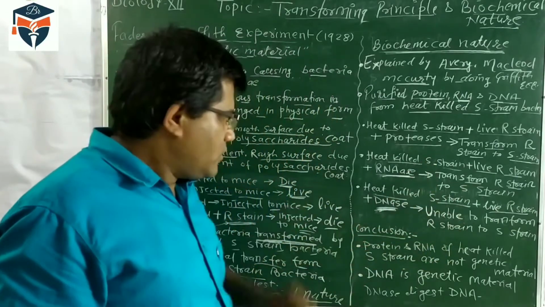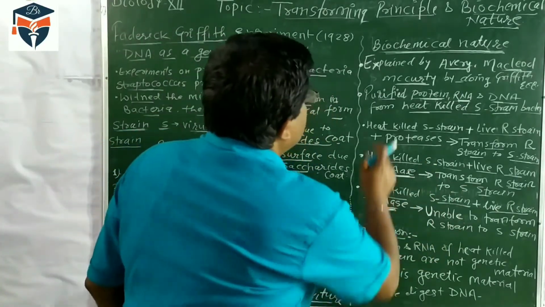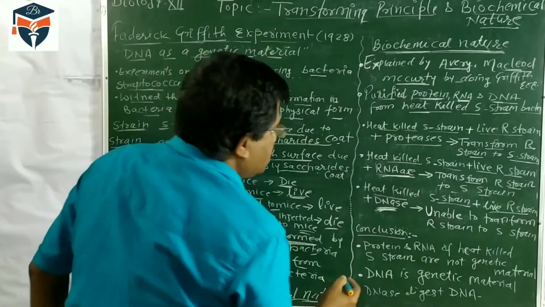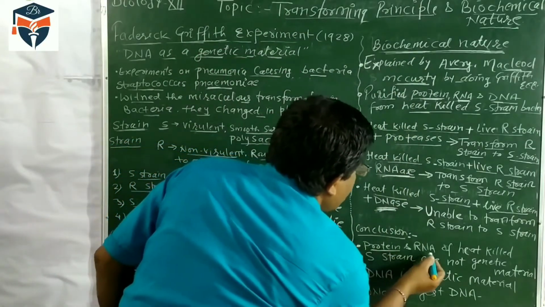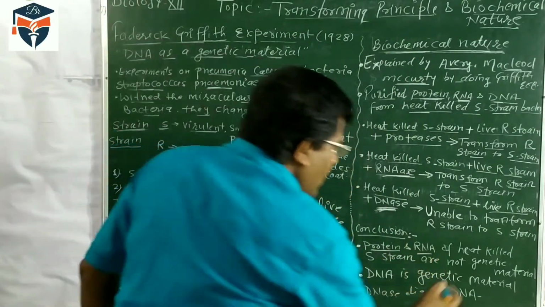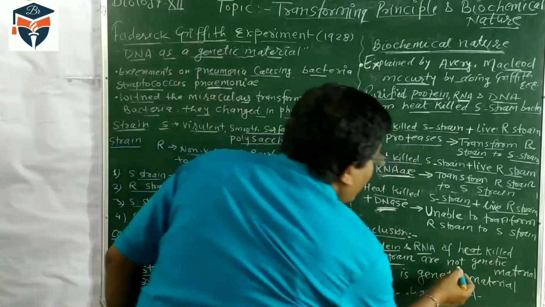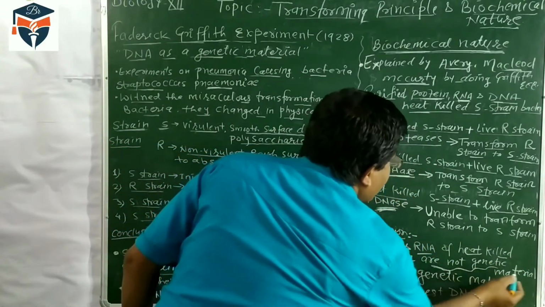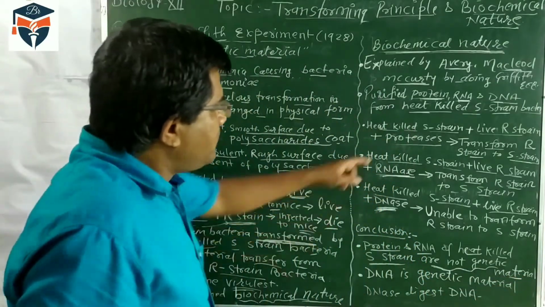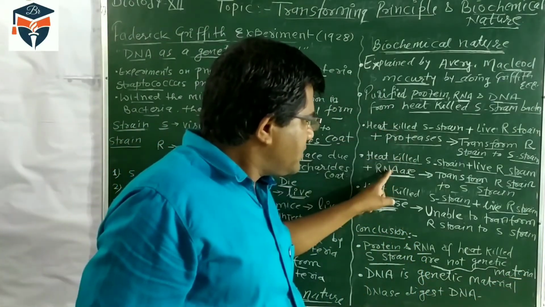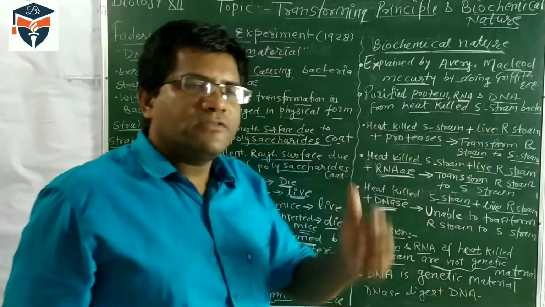So what is the conclusion brought by these three scientists? Proteins and RNA from the heat-killed bacteria are not genetic material, because even when protein and RNA are digested, transformation still occurs. But when DNA is digested, transformation does not occur.